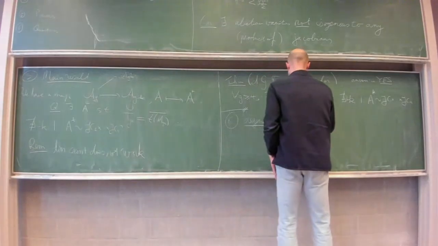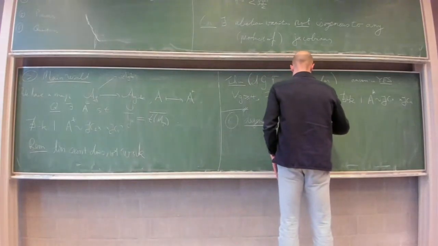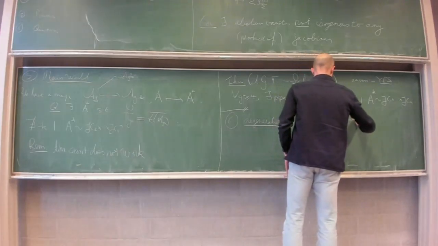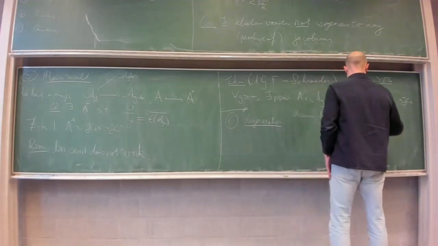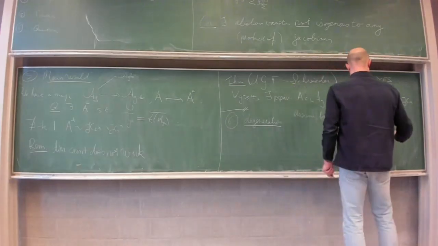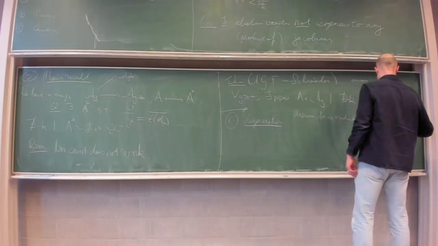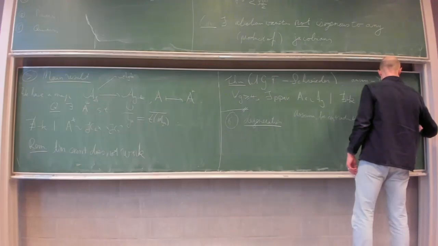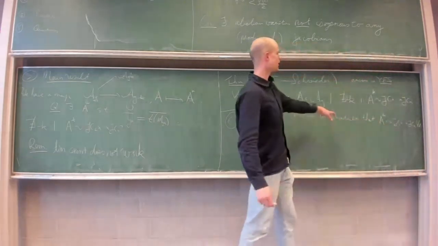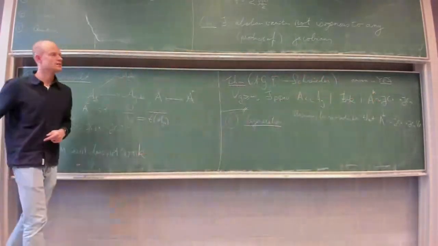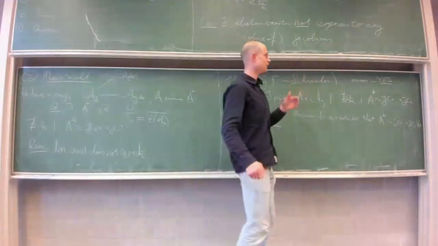So the idea is to assume, for contradiction, that... I'm being a little bit vague here, but I mean that for each A and each k, something like this happens, or for each A there exists a k such that this happens.